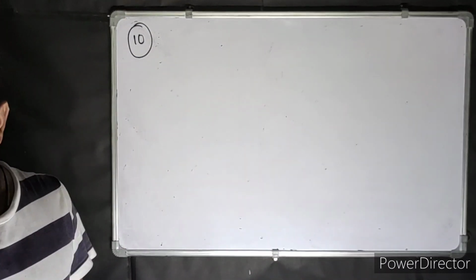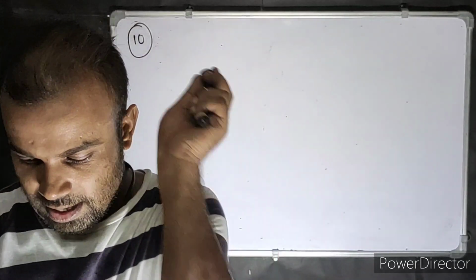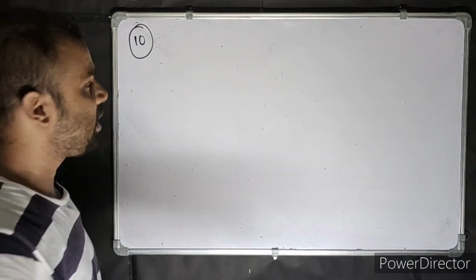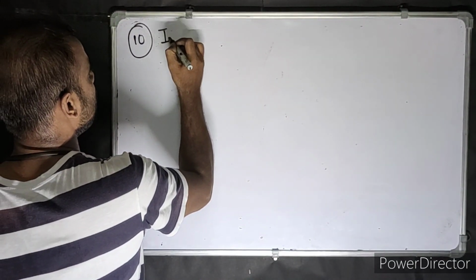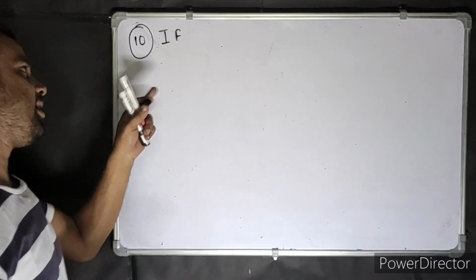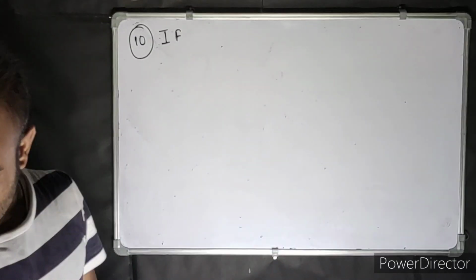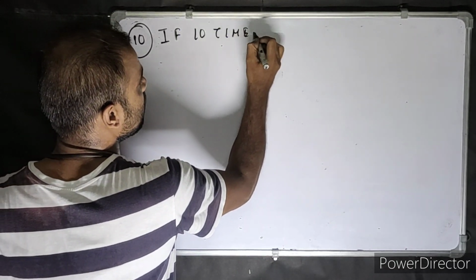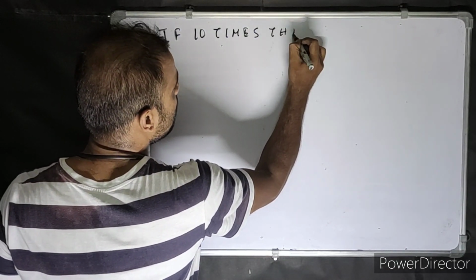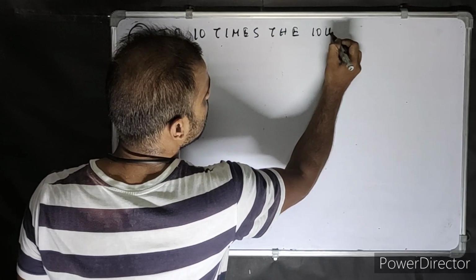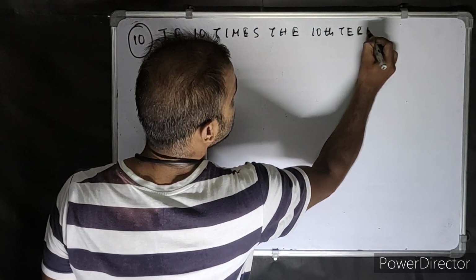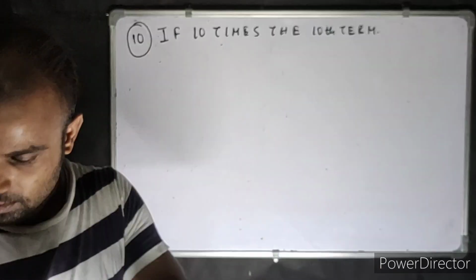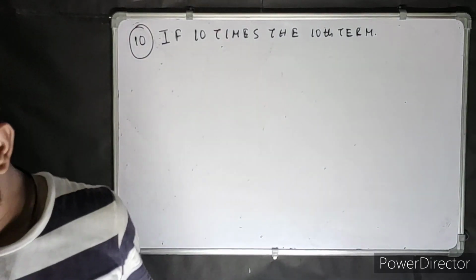Question number 10 says that if 10 times the 10th term of an AP, let's write it. I don't know why they are giving 10 then 10, 9 then 9. It's like a riddle. I don't know whether this is mathematics or riddle.